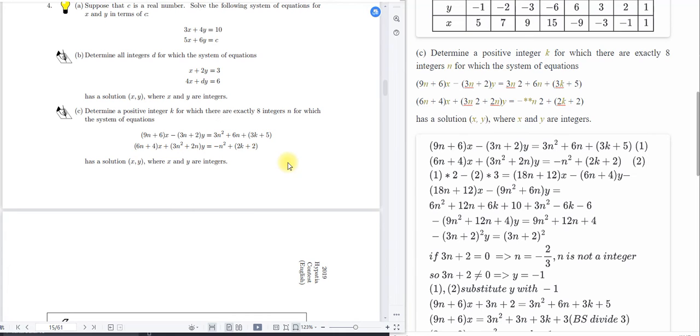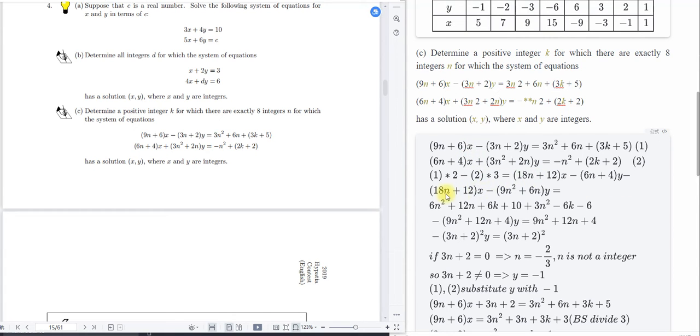Don't be frightened by these two equations. Let's do the same way. We get rid of x first because it's easy. First one times 2. Second equation times 3. And we can get rid of x first.